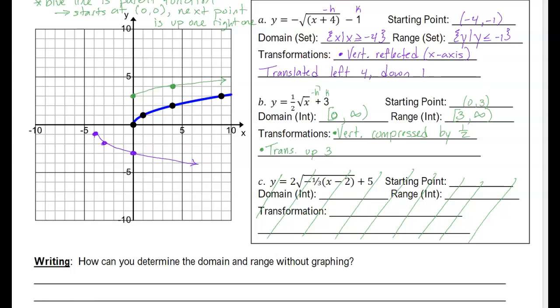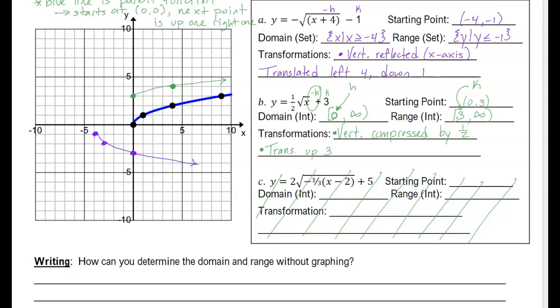Look, we don't have an h value here, it's 0. What was in our range? The k value. So, looking at our equation, the h will determine the domain and the k will determine the range.